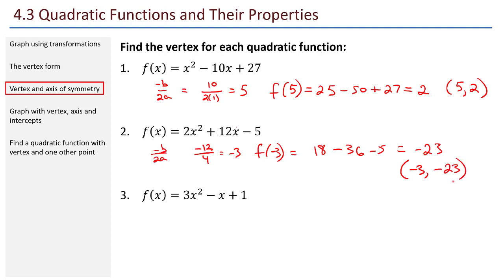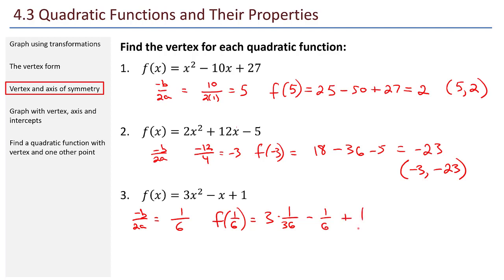And for problem number 3, my negative b over 2a looks like 1 over 6, so my x value is 1/6. Then when I plug 1/6 into the function, I get 3 times 1/36 minus 1/6 plus 1.